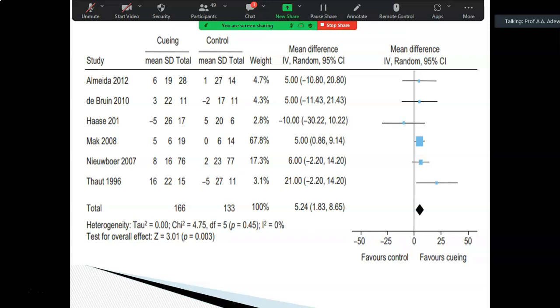We can see the odds ratio, risk ratio in some cases depending on the type of study. Then, of course, this is the effect in relation to the total. This horizontal line represents the confidence interval. The small box here represents the effect of this study in relation to the other studies. Then this diamond is the aggregate of all the studies that were conducted. Next slide.